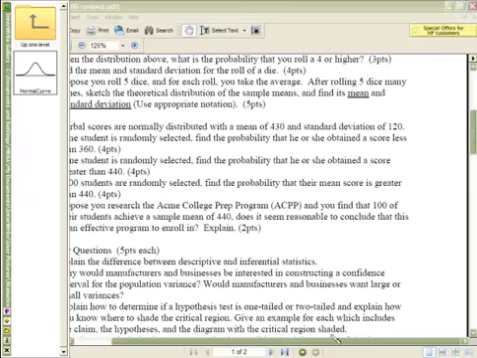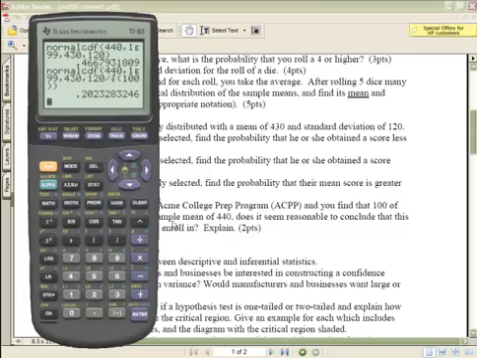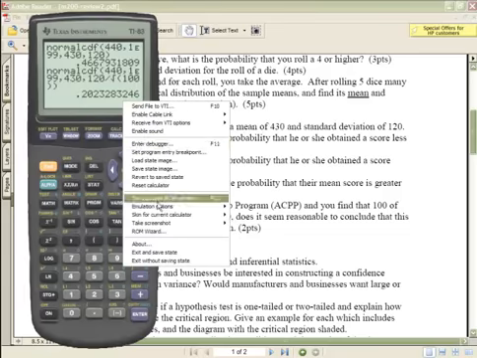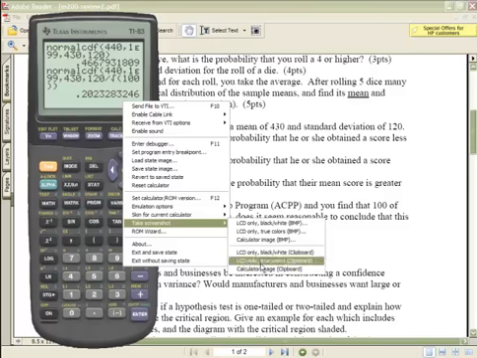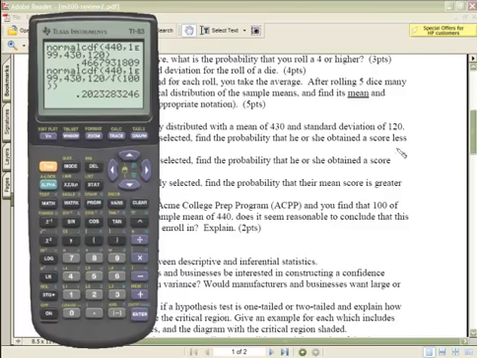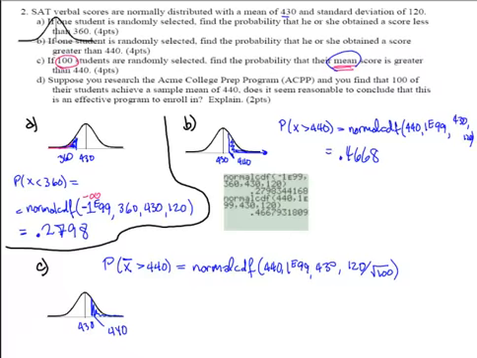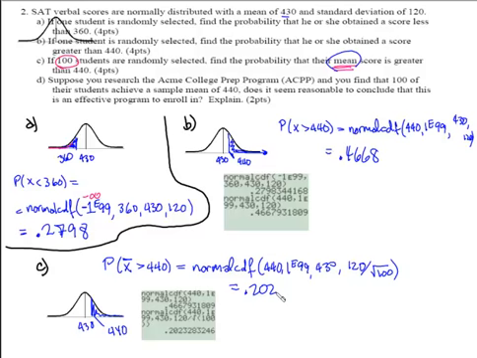Let's try it again. Let's get our calculator. Screenshot and take it to our notes. So your result here is 0.2023.